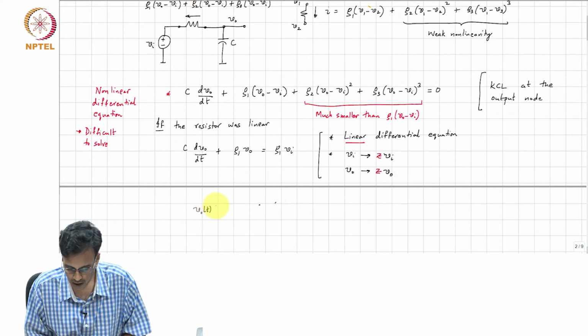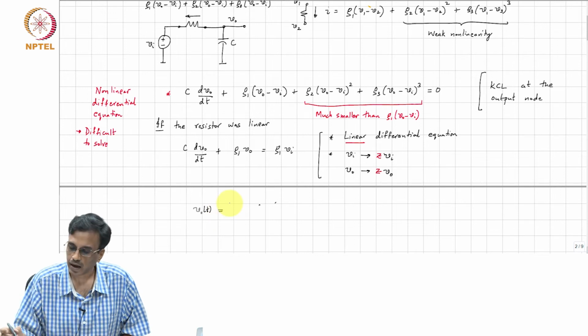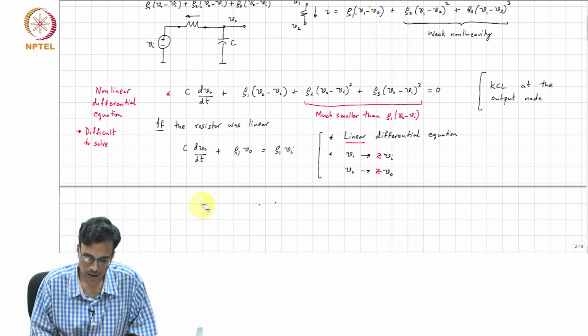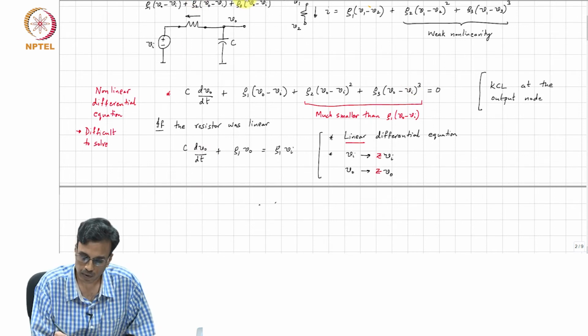So, in other words, the output voltage Vo of t, right, can be, so let us say, again let me copy and paste this.